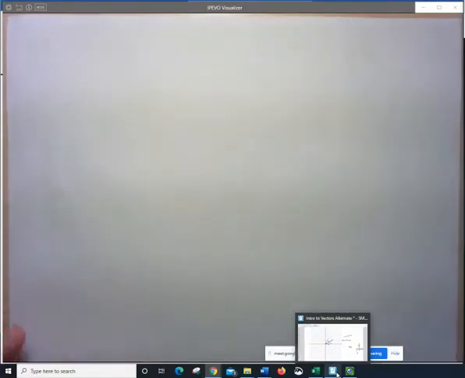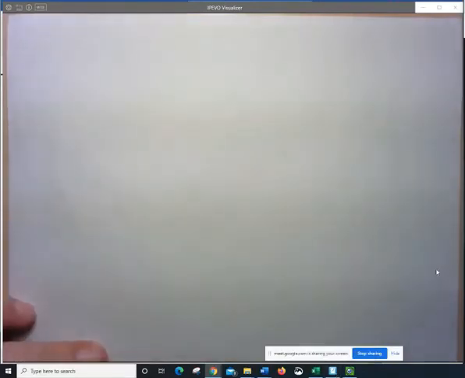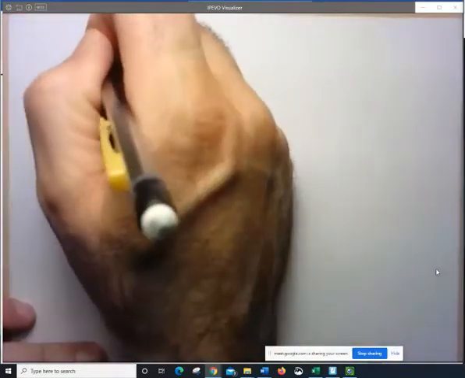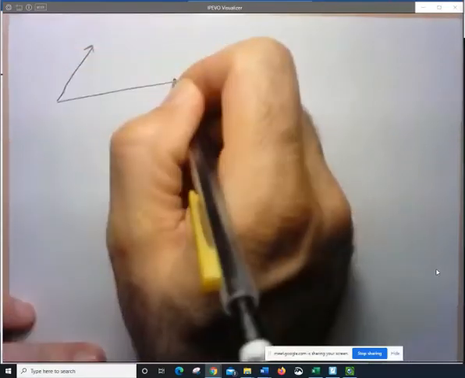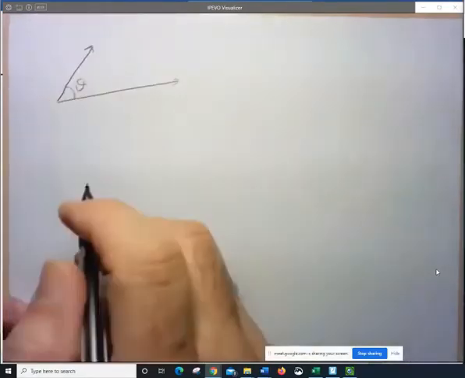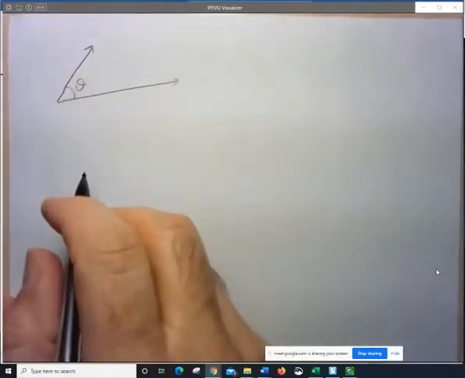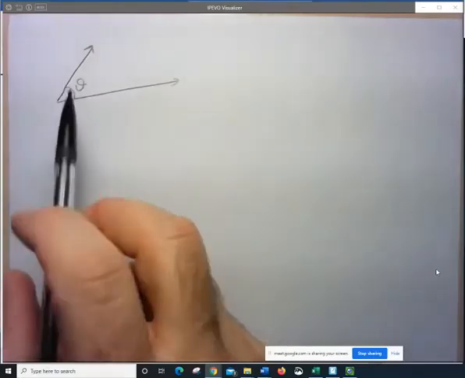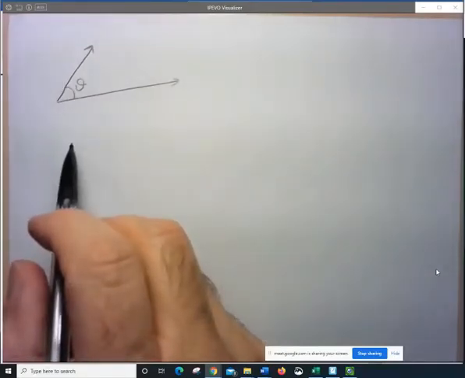All right? At the very beginning of the last lesson, the first thing we realized was that determining the angle between two vectors in 2D and especially in 3D was not an easy process, okay?